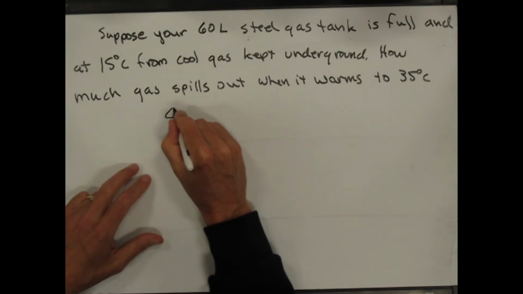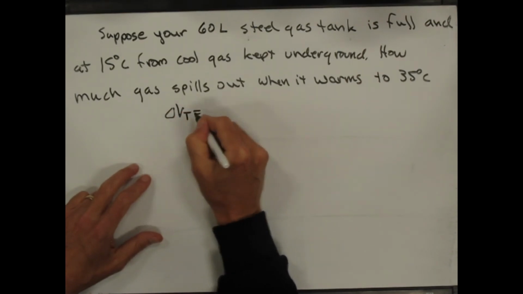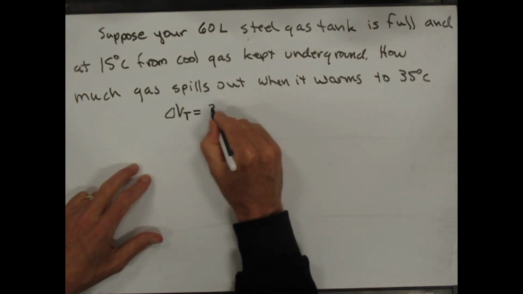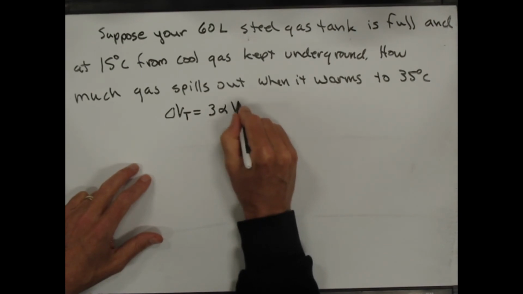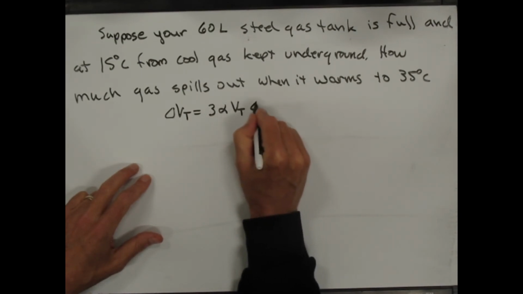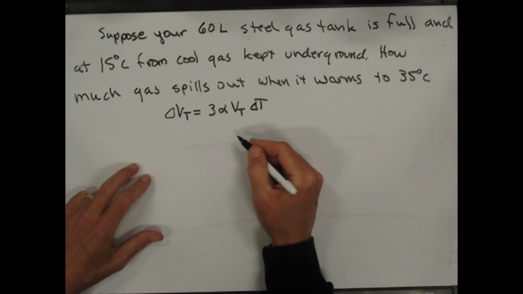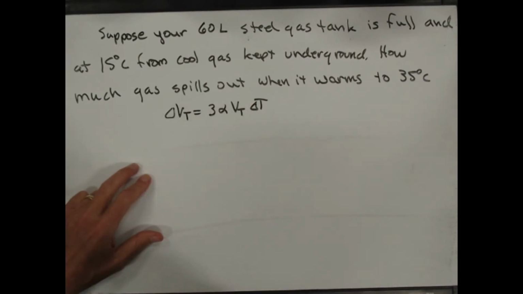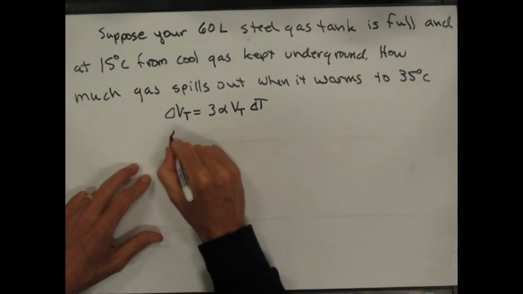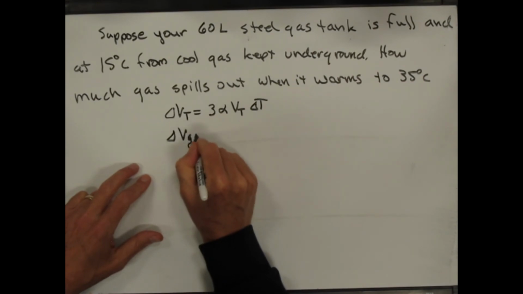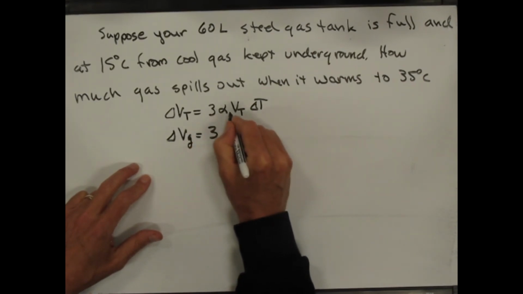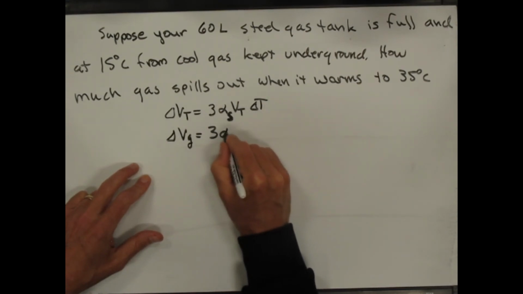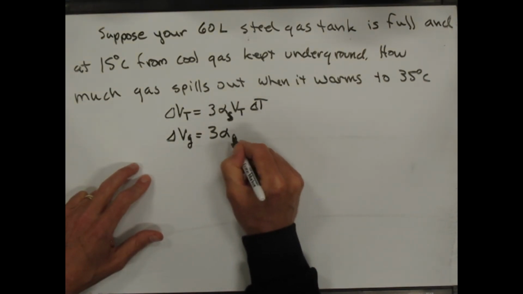And so we can say, look, delta V for the tank is equal to 3 alpha V tank delta T. And similarly, delta V for gas is equal to 3, since it's steel I'll call that alpha S, 3 alpha gas.